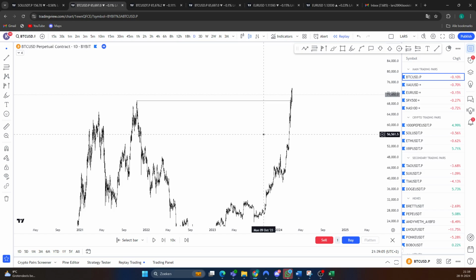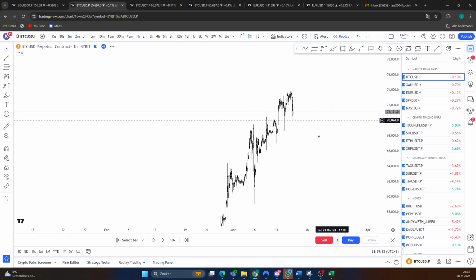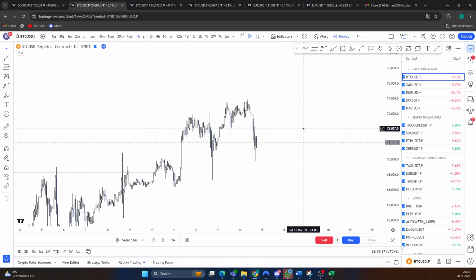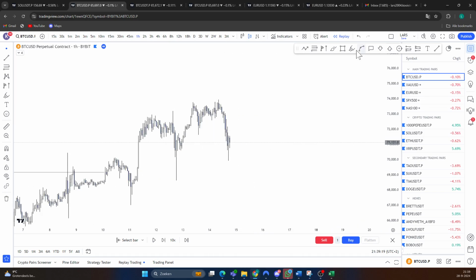I was expecting some manipulation, some deviation to trap people. This is all publicly put on my profile, so you can fact check me all you want. But I was expecting a rejection. Okay, now I want you guys to look at what the actual high time frame top was on BTC. Actually, the all-time high.